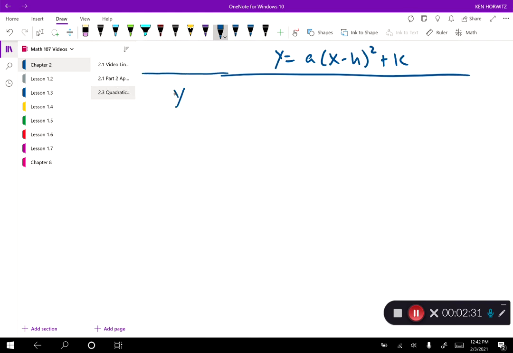So that's y equals ax squared plus bx plus c. All right. So first thing to know is that if a is positive, the parabola opens up.